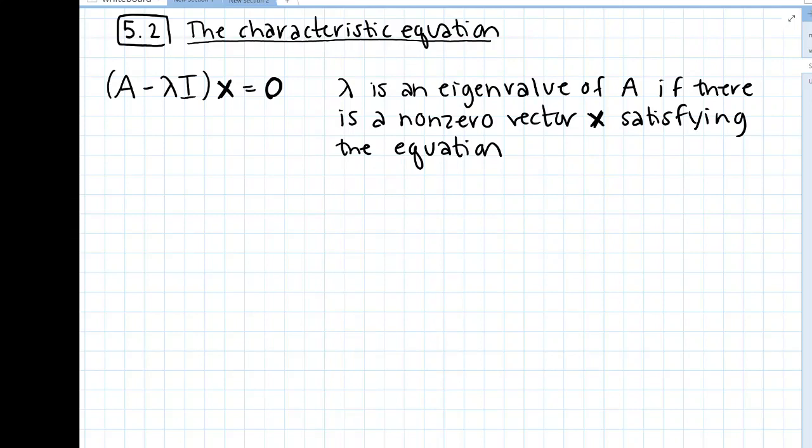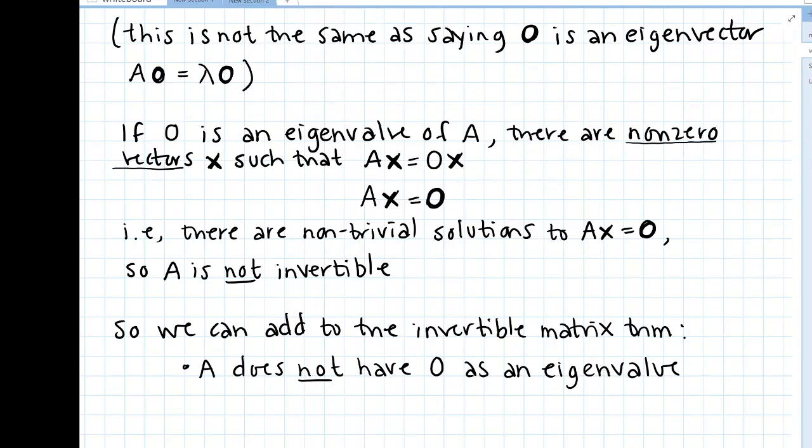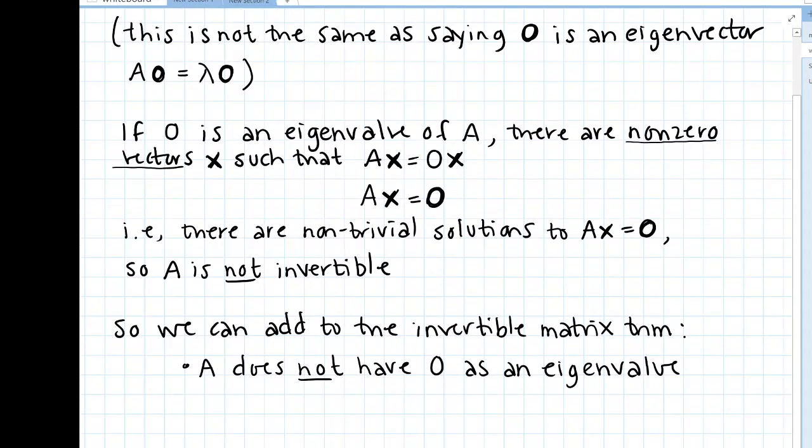So this is going to feel almost like what we were talking about on the last slide, but on the last slide we were talking about having the matrix A times x equal to 0. Now we're talking about having A minus lambda I times x being equal to 0. So we're about to write down some things that you might feel like we just did, but it's important to realize that we're now talking about slightly different equations. On the last slide, we were specifically talking about the case where you have 0 as an eigenvalue.